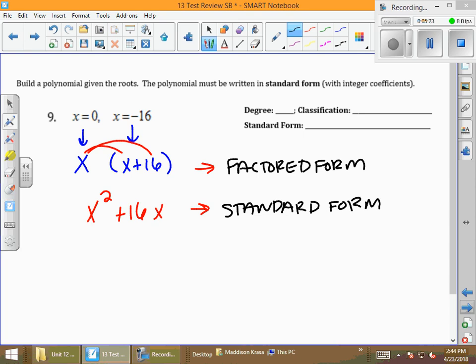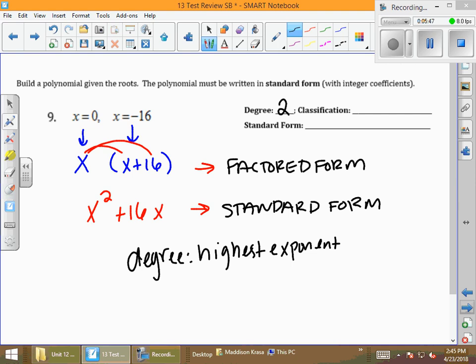So that's the main difference between the two. Typically when we're building a polynomial, we start in factored form and we expand it into standard form. Now, when we're in standard form, we can see the degree. It's the highest exponent. So in this case, that degree is 2.